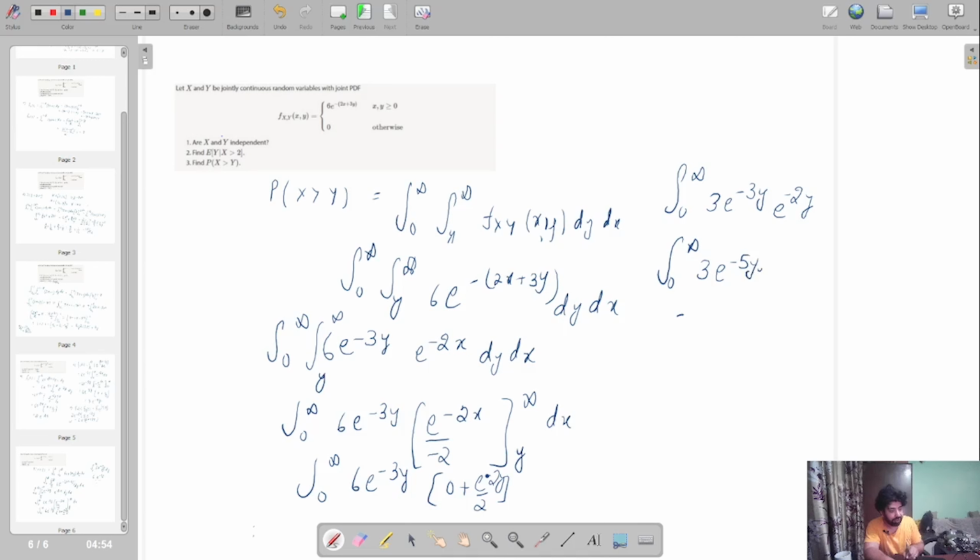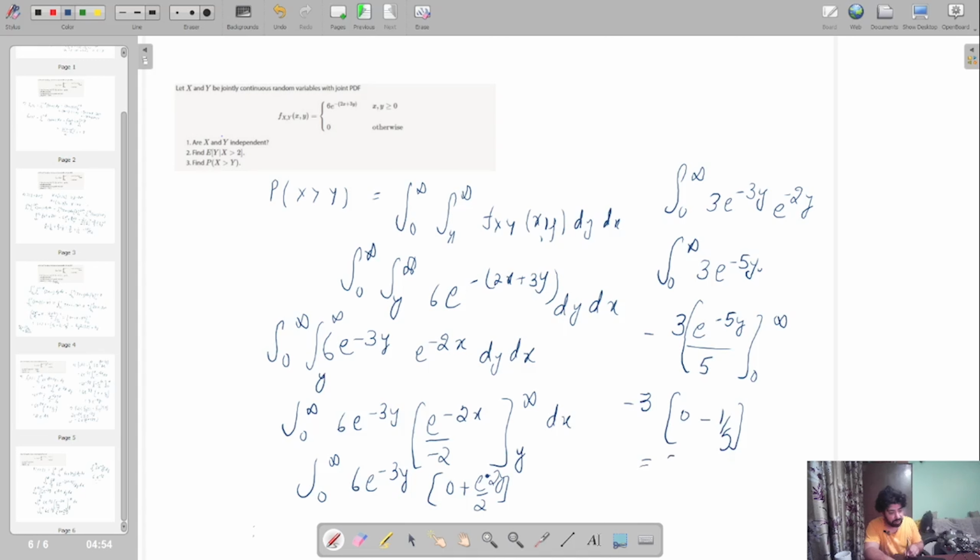And if I integrate this, I will have 6e^(-5y)/5, and there would be a sign of minus, and I can write 0 to infinity. So this will turn out to be 3, e to the power minus infinity is 0, and I will have here minus, and also I will have here 1/5.